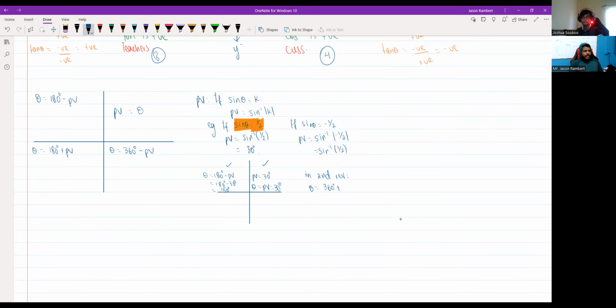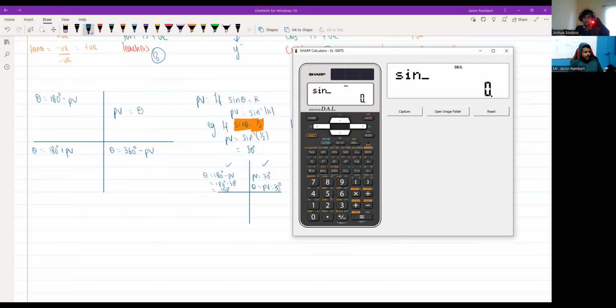The first angle is 30 degrees, which is where we get 390 degrees from. The second angle will be 360 plus 150, which is 510 degrees. I can check it: sine of 510 gives me positive a half.